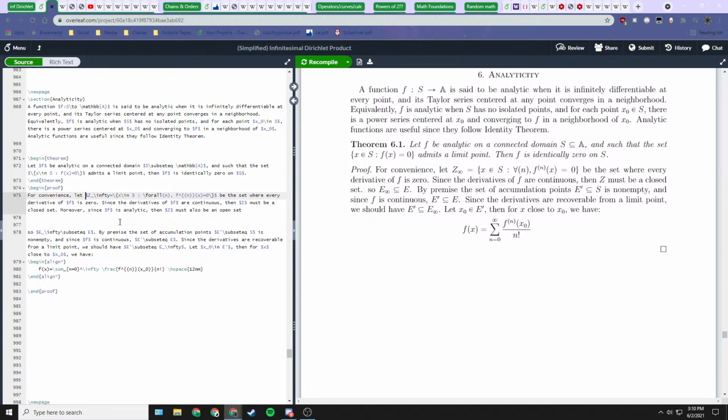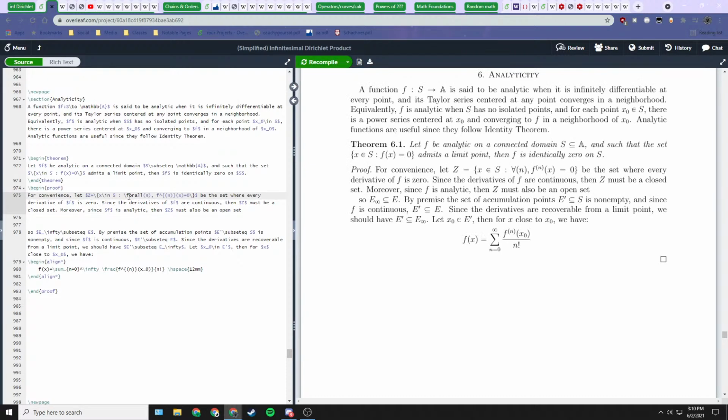Okay, so what we're doing now is we're saying Z is the set where all the derivatives of f are 0. Since the derivatives are continuous, Z is a closed set.